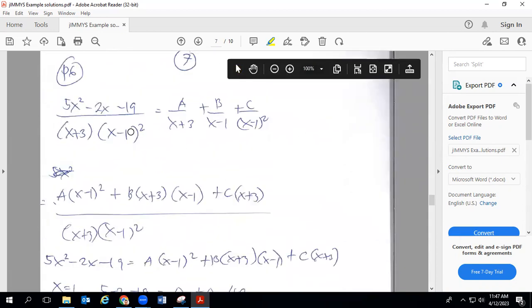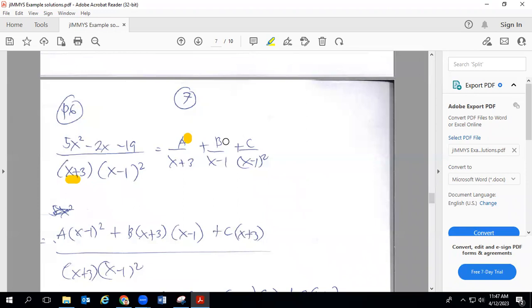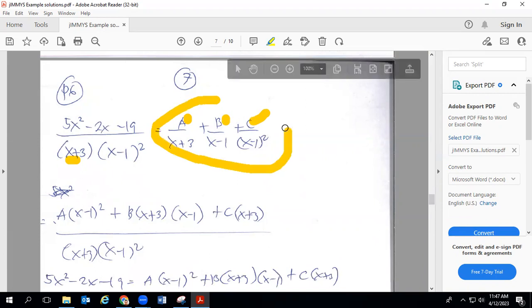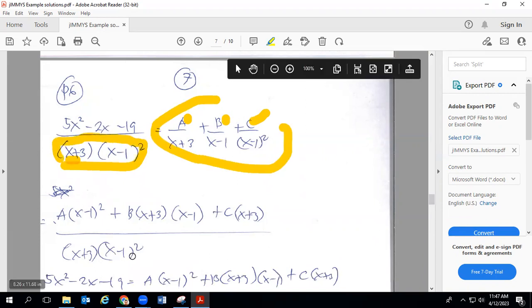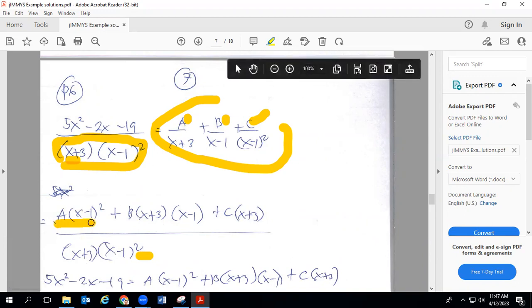Now, if you have this combination of linear and then repeated factors, so A first for x plus 3, and then B for x minus 1, and then it's repeated, you use C. Combine this one using this as our LCD. Again, if you divide this one by x plus 3, you just remove x plus 3, and then you multiply by A. You have it in this form.